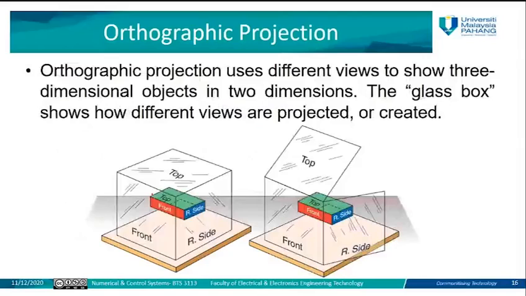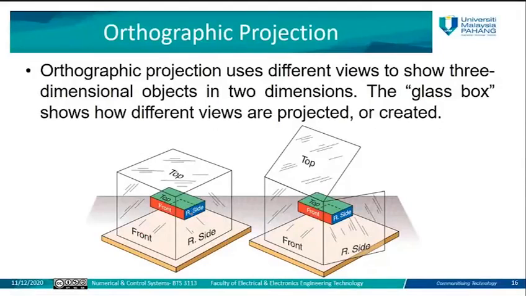So usually when you want to see how a view can be extracted from the product, you imagine that you put this product inside a glass box here. So inside the glass box, if you want to see the front view, for example, the front view will be reflected or projected on the front side of the glass cube.